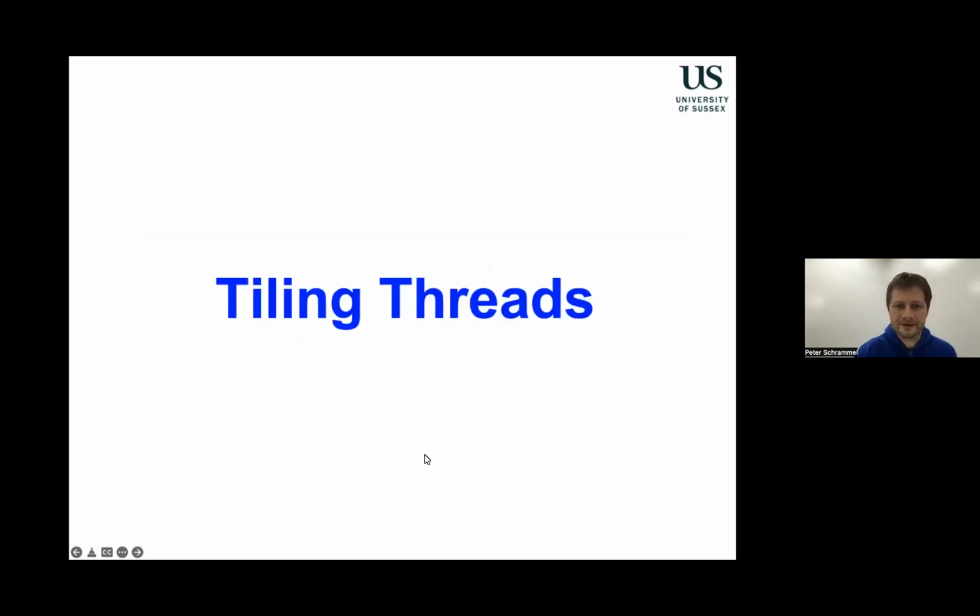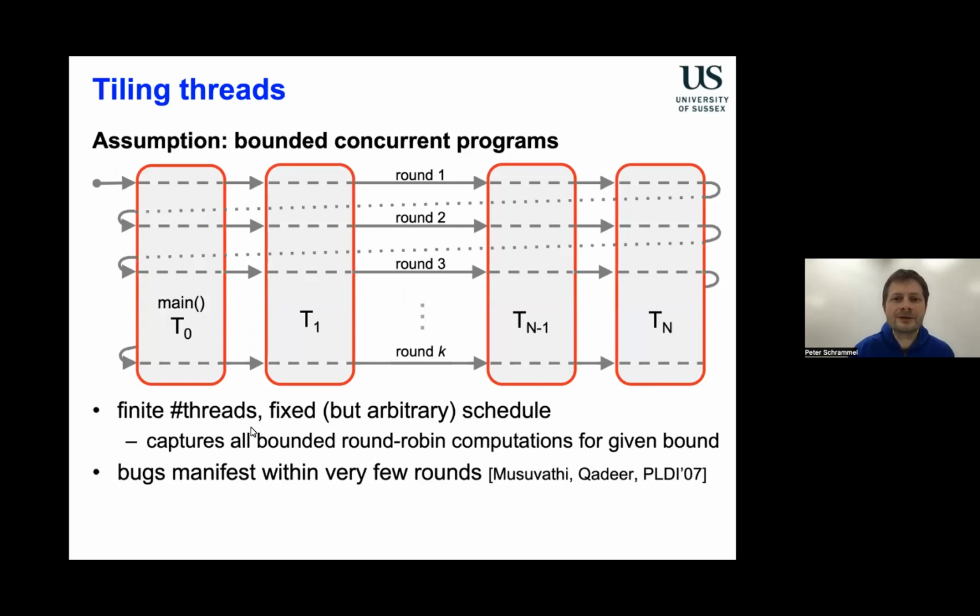Good. So just as a reminder, how this context-bounded sequentialization works. We consider multi-threaded programs with n threads plus the main thread. This is a fixed number, so it's not parametric in n. And we have a bound k on the number of context switches that we allow.